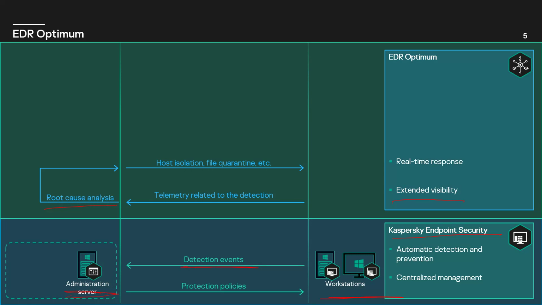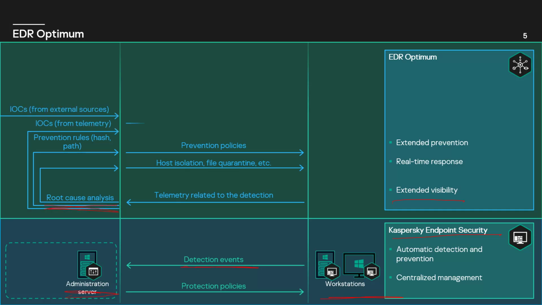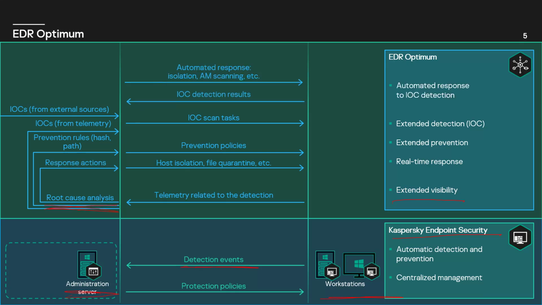So the administrator can analyze this information and then do some actions. For example, isolate the host, prevent execution of some file, run an IOC scan, indicator of compromise scan, and do some automated actions. We will talk in detail about all of these features later after this slide.